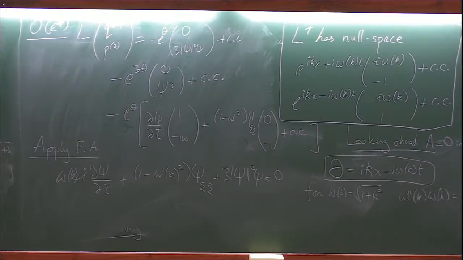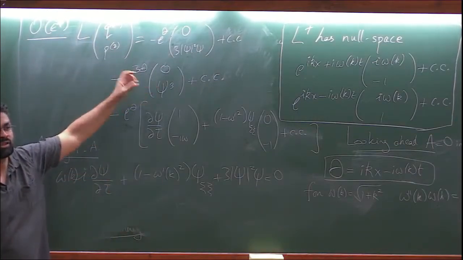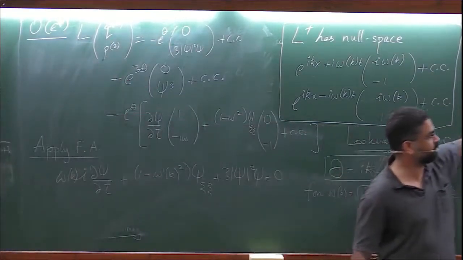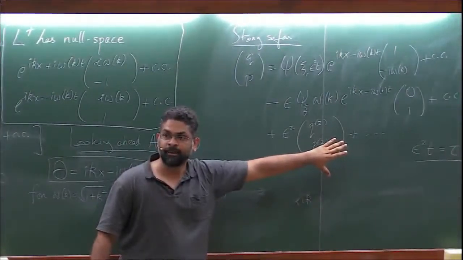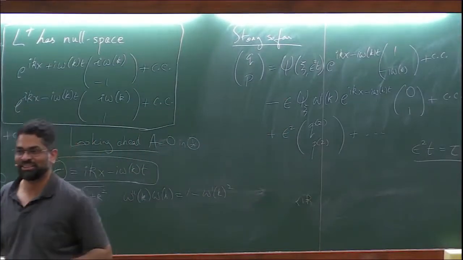The main point I want to get at is that at this level, suppose I have this function psi, then I can enforce this condition and find out what Q2 and P2 are, and so then I have my solution up to order epsilon cubed. Where you need to tell me what the initial condition is.